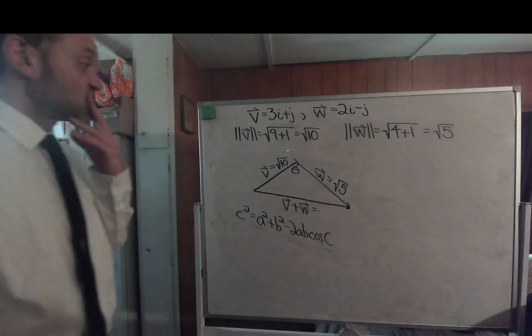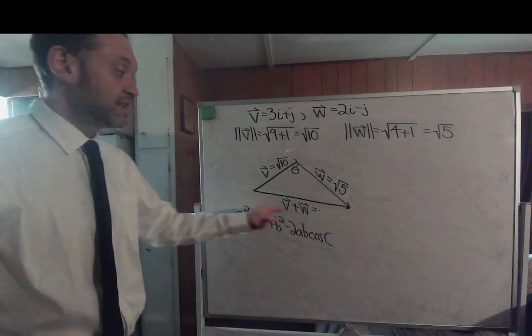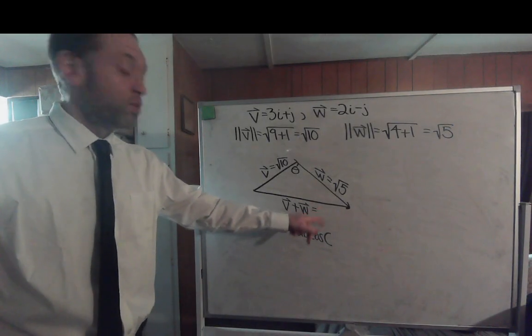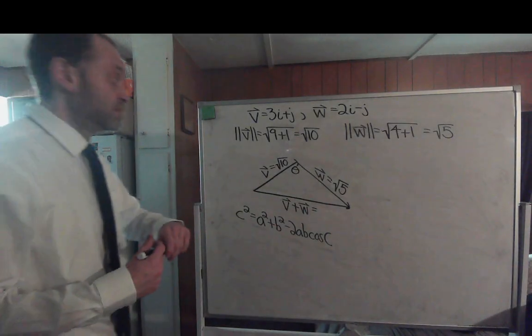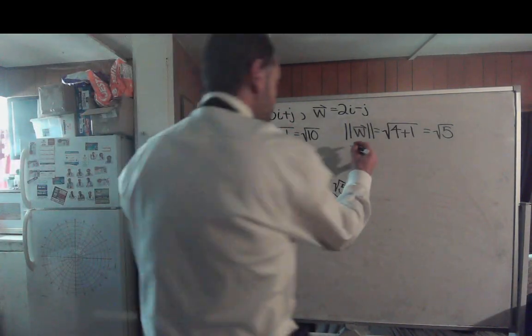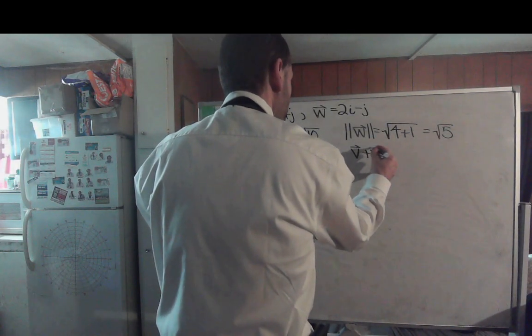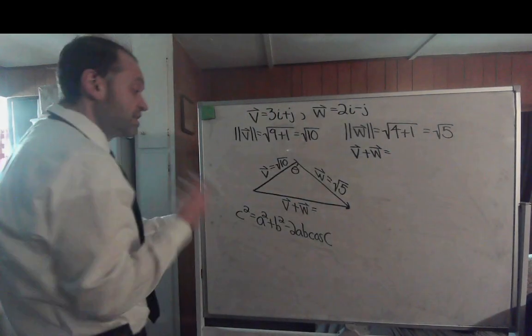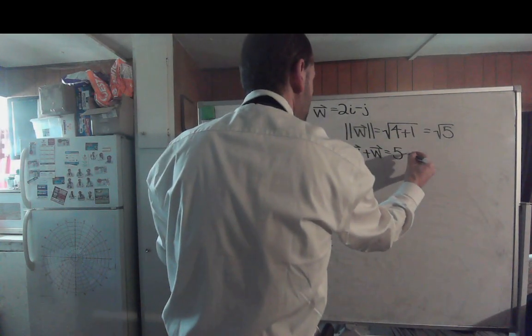Now, of course, in order to make this law of cosines application work, we need to find the length of the third side, or the magnitude of that, which would be the magnitude of v plus w. So let's add these two vectors first. V plus w, that itself is going to be 3i plus 2i, that ended up being 5i.